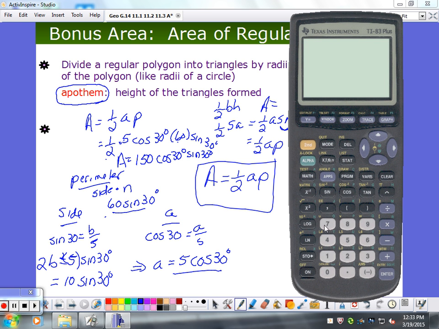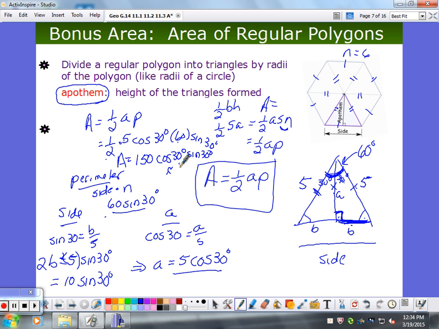And then I'm going to put in 150 times the cosine of 30 times the sine of 30. And now I have, it's approximately 64.95 square units. Is the area of that equation? How fun is that? That's fun.